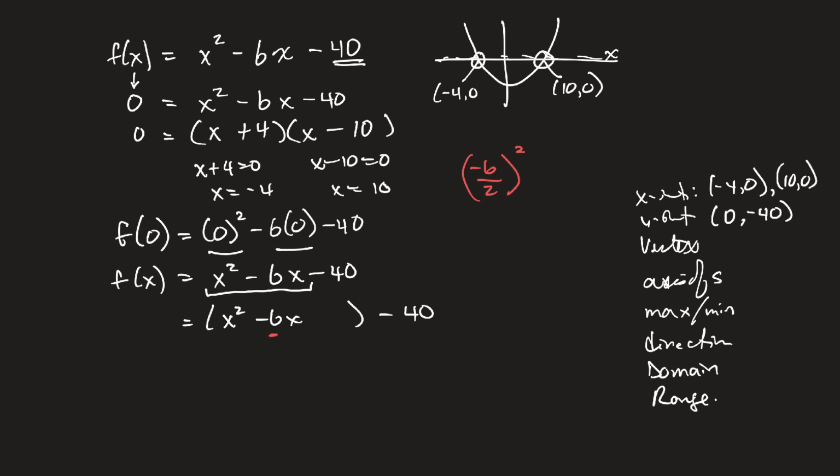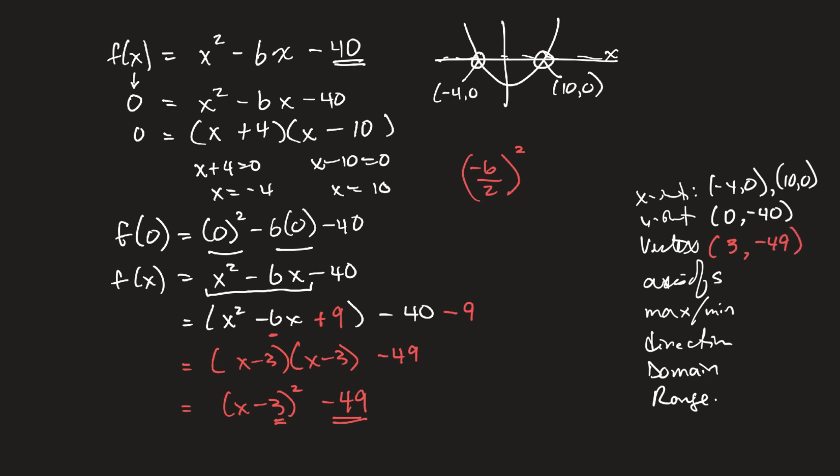So 6 divided by 2 is 3, negative 3 squared is a positive 9. So this is a positive 9, and so out here I'm going to subtract 9. So if I factor this, it'll be x minus 3 times x minus 3 minus 49, or x minus 3 squared minus 49. So the vertex will be 3, minus 49. Notice I changed the first sign, but not the second.